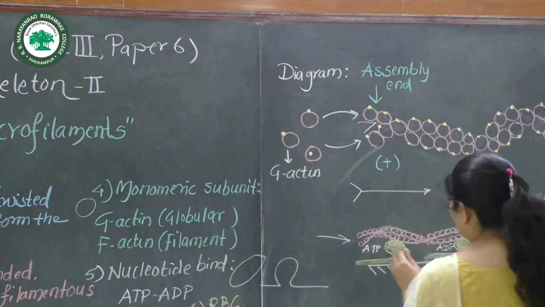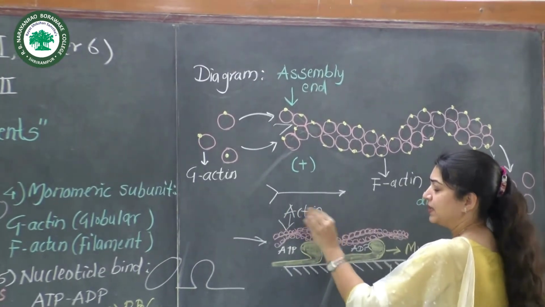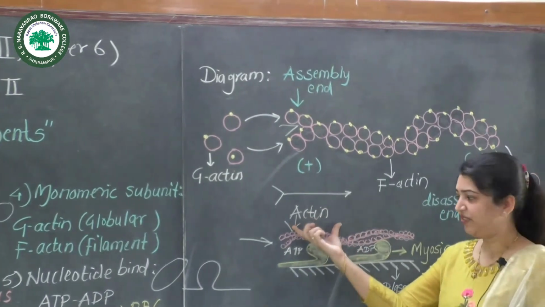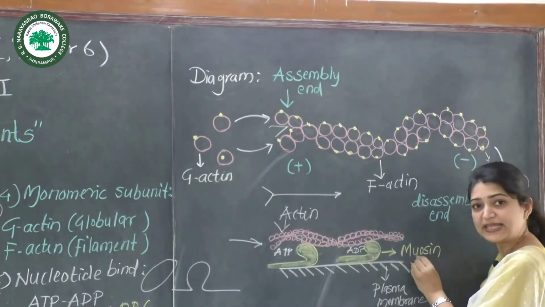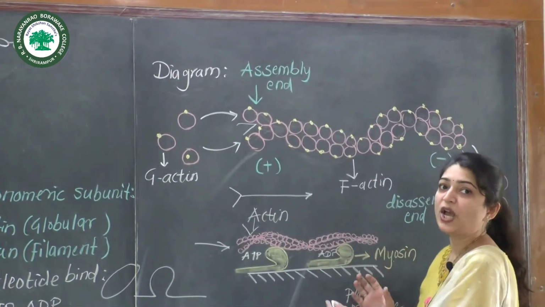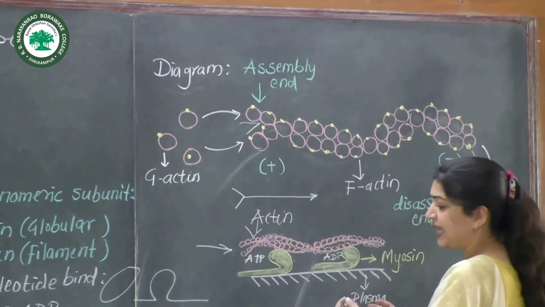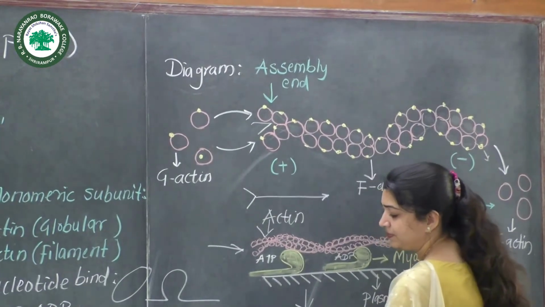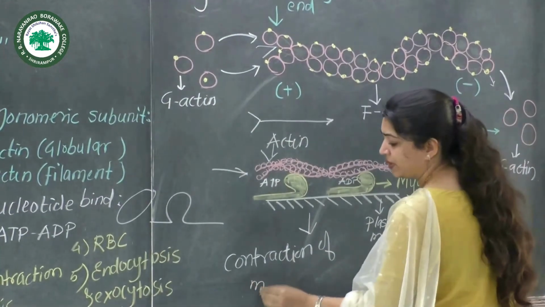This is the actin filament, and to this actin filament a myosin protein is attached. What happens when this actomyosin complex is formed? When the actin myosin complex is formed, there is contraction of muscles.